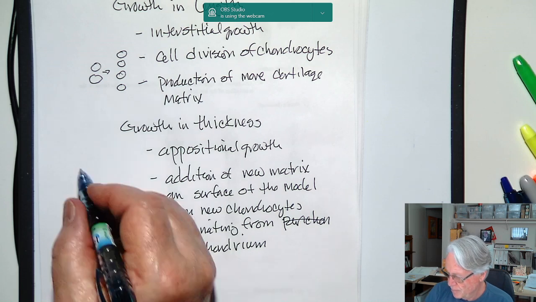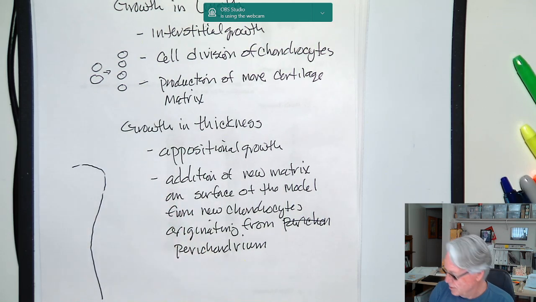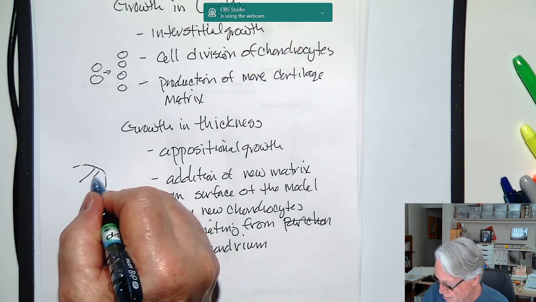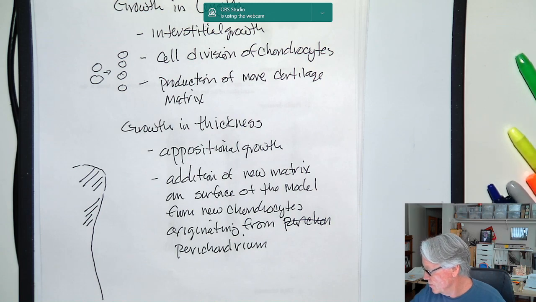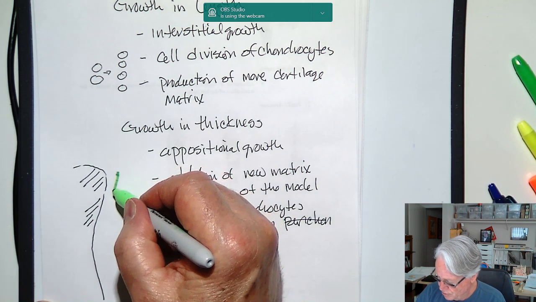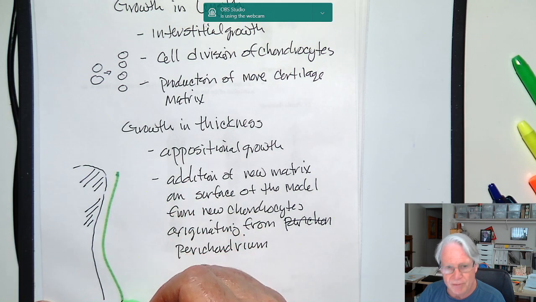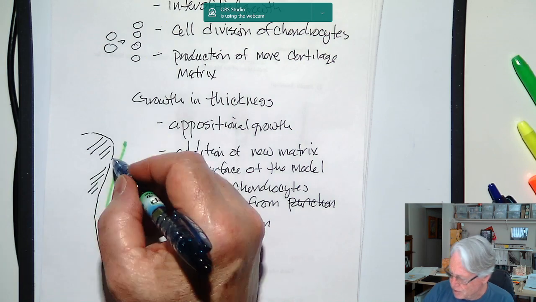So if we were to draw, and this is our matrix, and we can come in here, and I'm drawing it with some space here, just so I can get some, we're going to add new cells here.